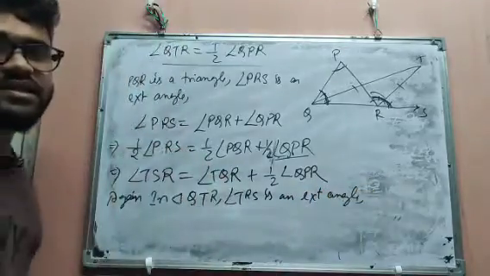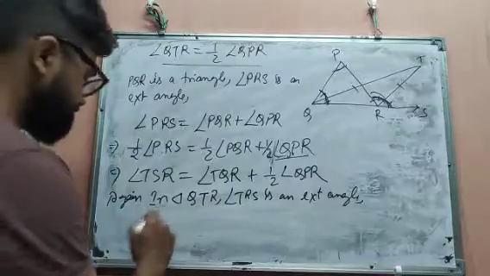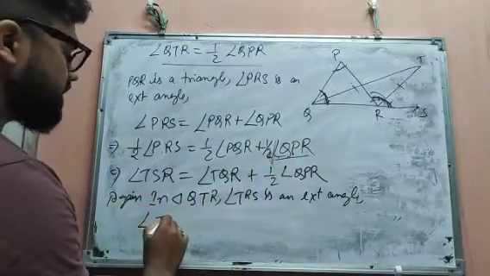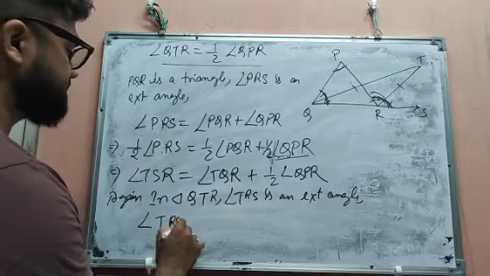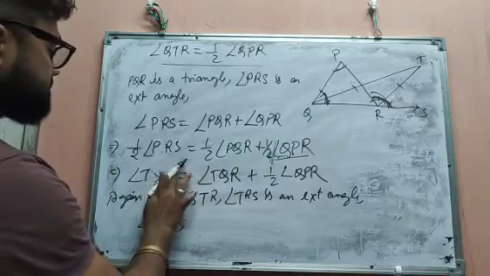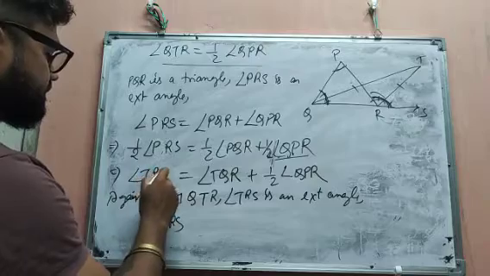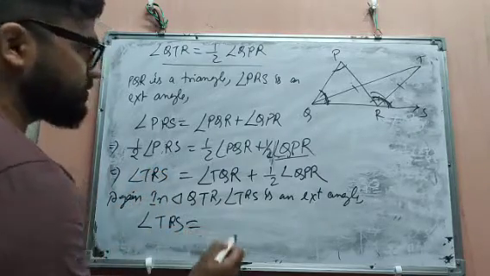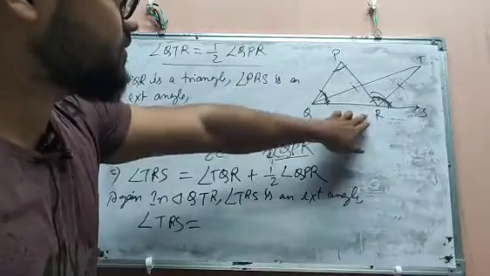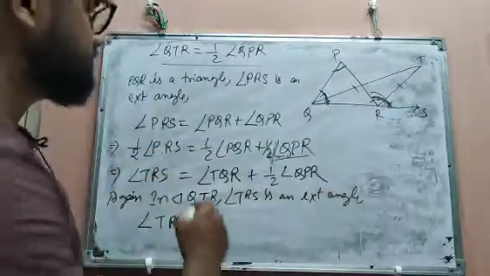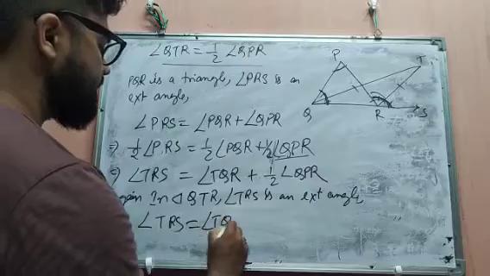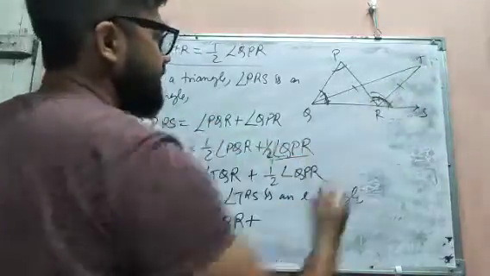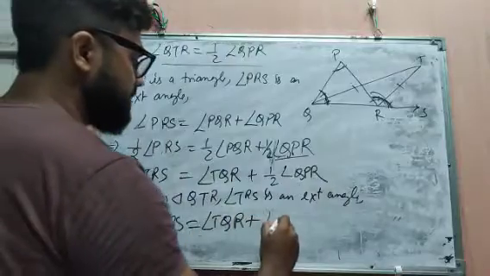Since it is an exterior angle, angle TRS equals angle TQR plus angle QTR.